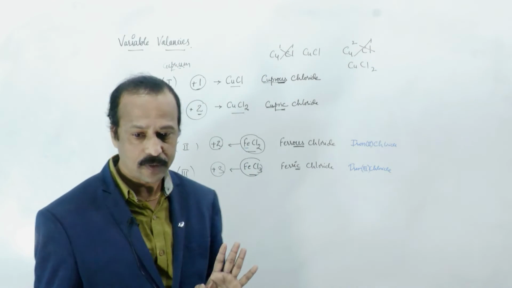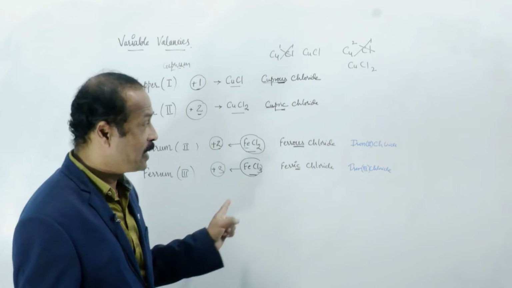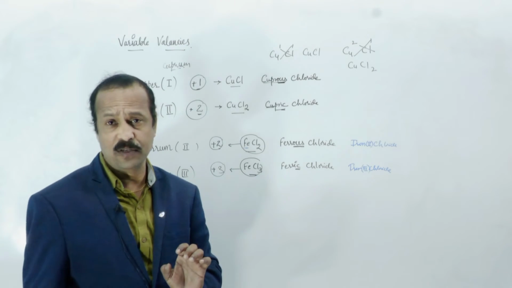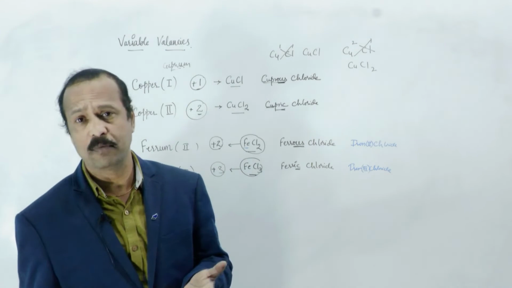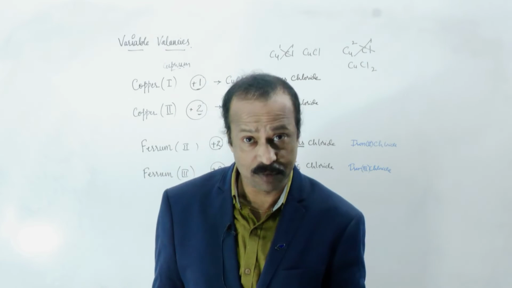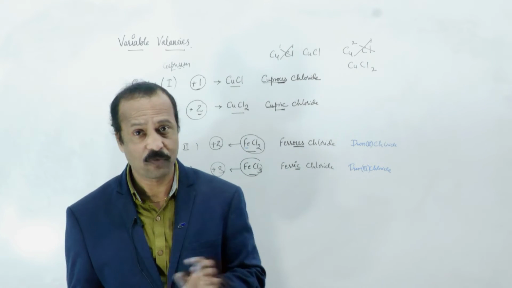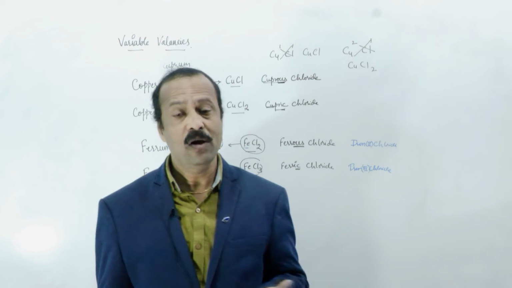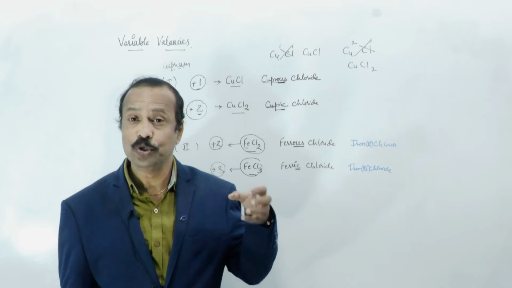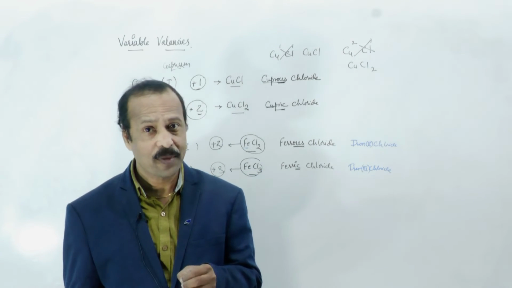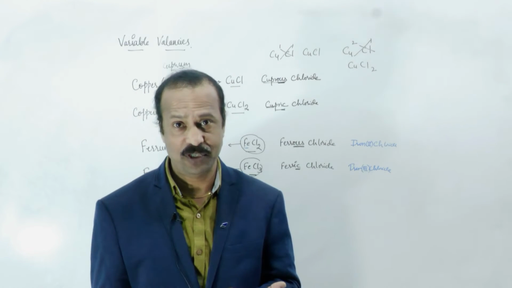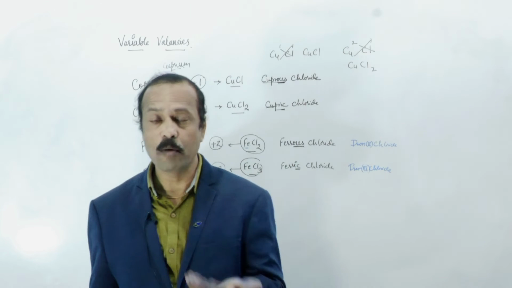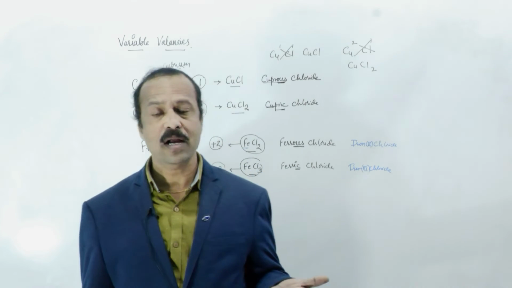Clear? Okay. So, hope it's very clear to you, because it's very, very important. We have millions of compounds in chemistry, not 1 or 2. So, we cannot memorize all these compounds. You should know the way of giving names to the compounds.